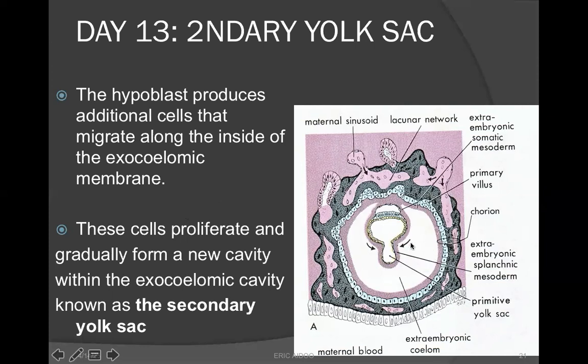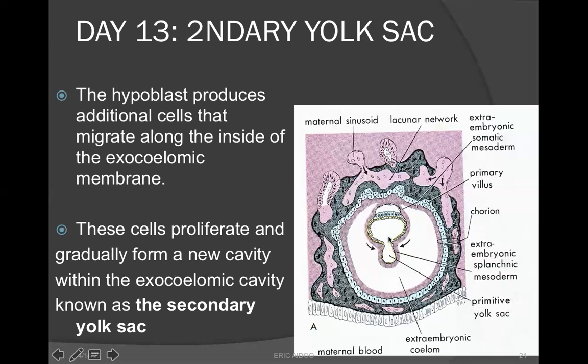You can see that the arrow is pointing at the fact that the primary yolk sac is now constricting at a point where it will pinch off a portion of it. Okay, the rest will be the secondary yolk sac, and it has been lined by an additional membrane, so it is now even thicker than the first exocoelomic membrane.